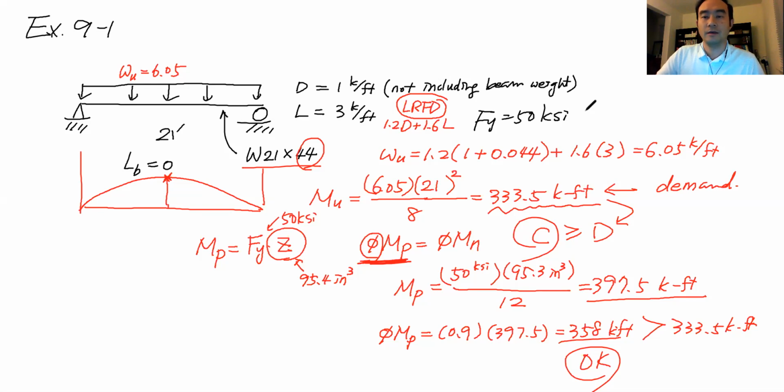Okay, now let's go on to example 9-2. Example 9-2 is a pretty similar problem, but now this is a design problem. We're going to design the beam based on the given loading.